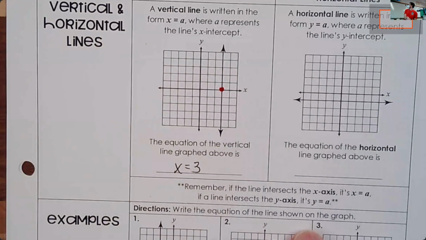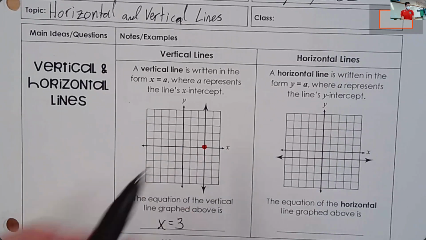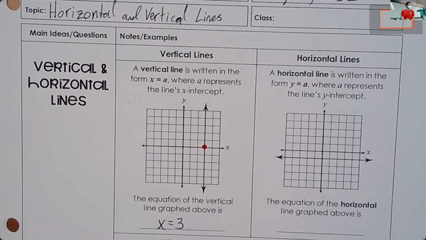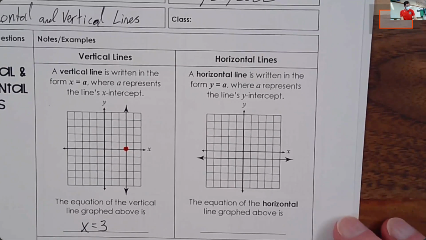Whatever that coordinate is, is our answer. So if it crosses the x-axis at 3, the answer for this equation for that line is x equals 3. Likewise, if it's a horizontal line, it's going to cross the y-axis.